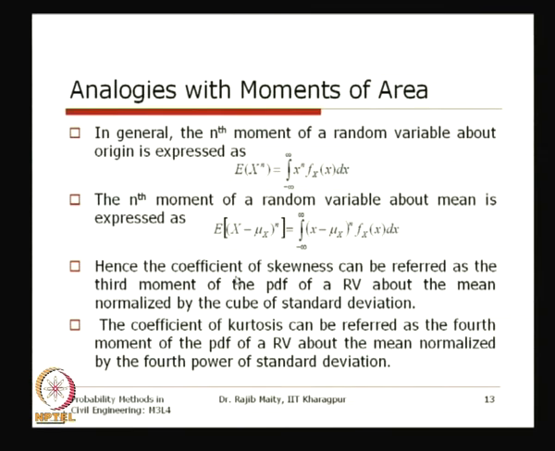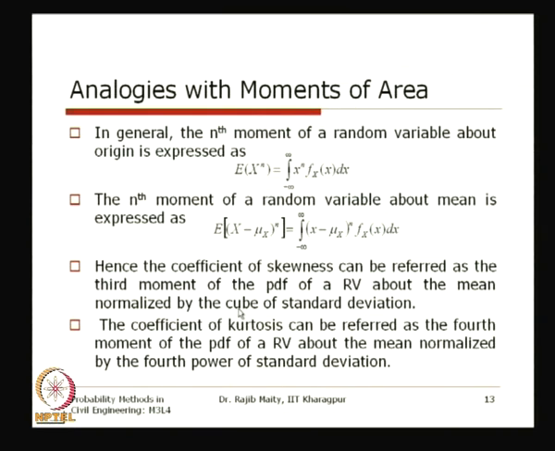Hence, the coefficient of skewness can be referred to as the third moment of the PDF of a random variable about the mean, normalized by the cube of the standard deviation. This is exactly what we discussed when we were discussing its estimates.